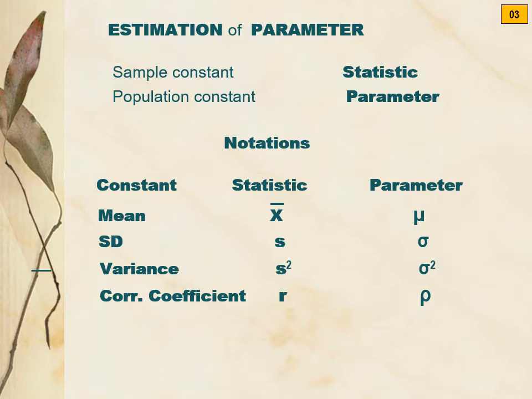Rho is a Greek letter. All these are Greek letters: mu, sigma, rho. Actually, the information with us is as a statistic, but we are always interested in the parameter. So now we are going to discuss estimation of parameter from the available information which is with us in the form of a sample.